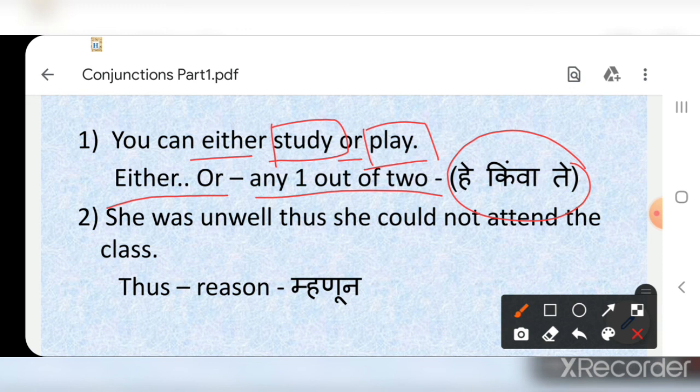Now, next one is she was unwell, thus, she could not attend the class. Thus is what? Conjunction to state the reason. Thus, reason is, a meaning is म्हणून. Okay? Just check your answers whether they are correct so that you can get an idea how much you have understood.